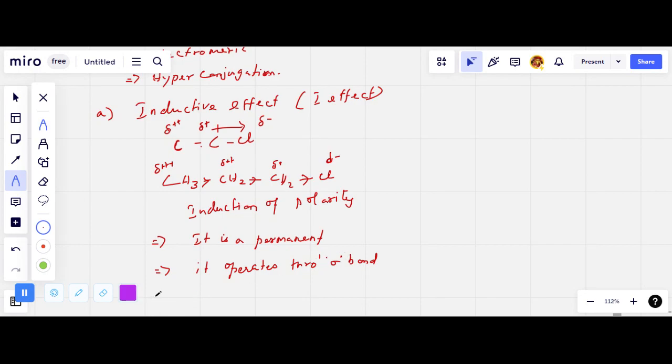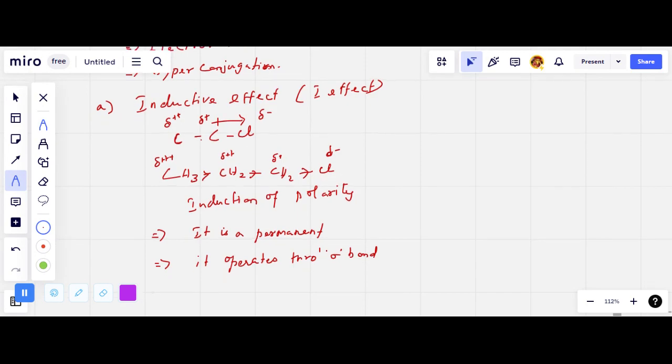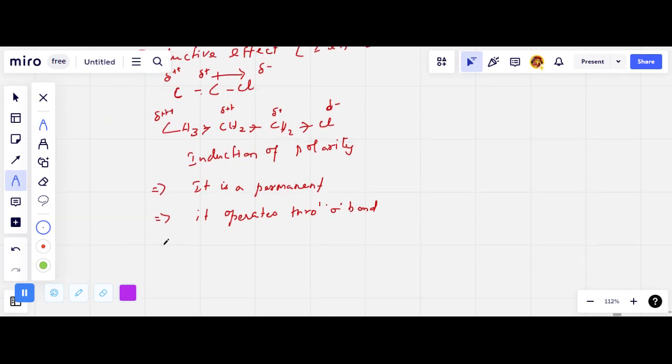Then it is generally observed in saturated compounds. Saturated means it is a single bond compound.